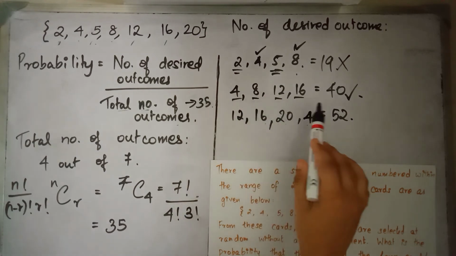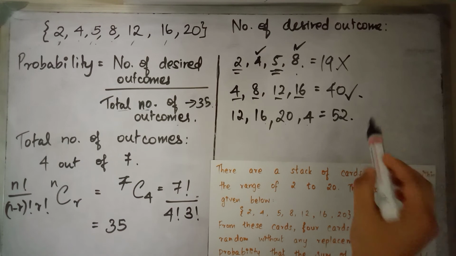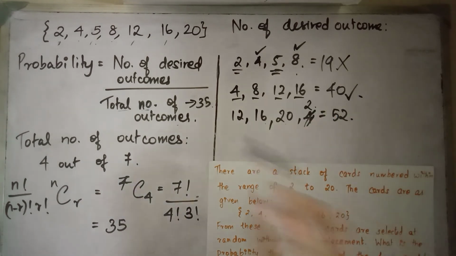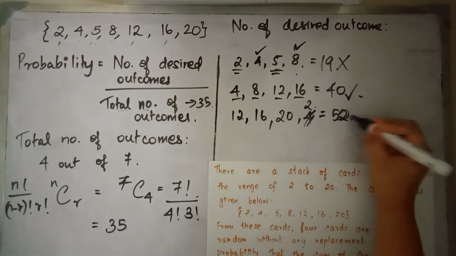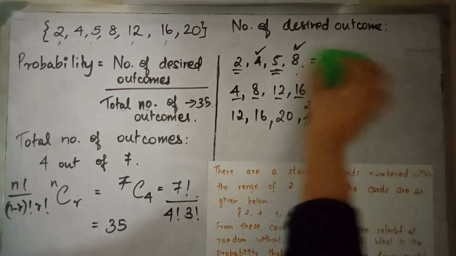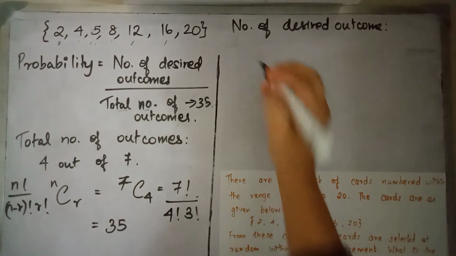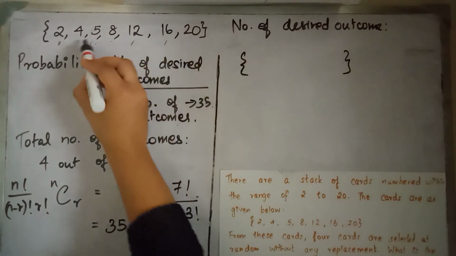If all of the cards are divisible by 4, then it is a desirable outcome. On the other hand, if I had taken 2 instead, 2 is not a multiple of 4, it would have been 50, and 50 is not divisible by 4. It's 12.5. So we realize that the set has to contain only cards that are divisible by 4.